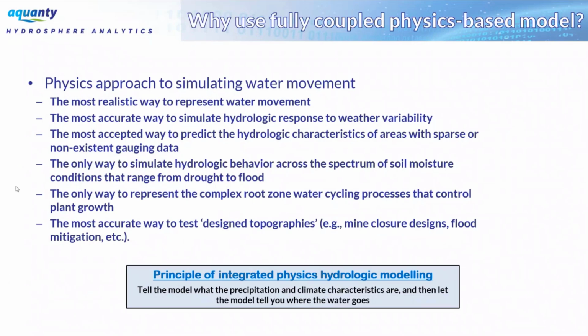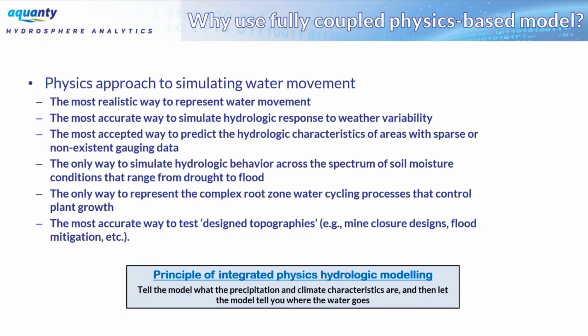This physics-based approach is the most realistic way of representing water movement. It's the most accurate way to simulate hydrologic response of watersheds across the full range of potential climatological conditions that may be experienced in the future. Of course, if you build empirical relationships into your models, by definition, that empirical relationship is based on past data.